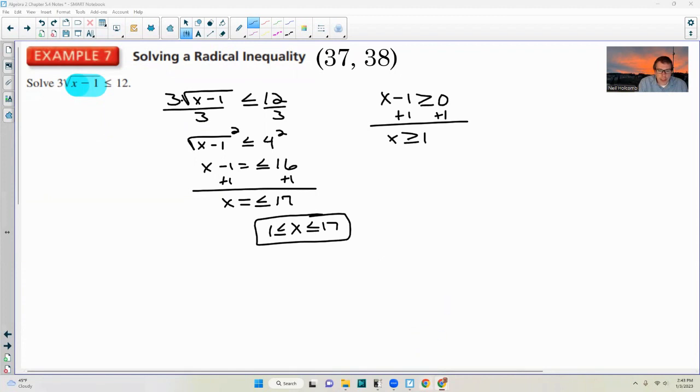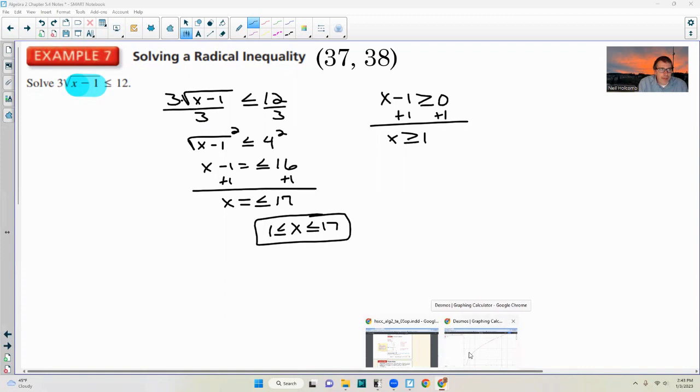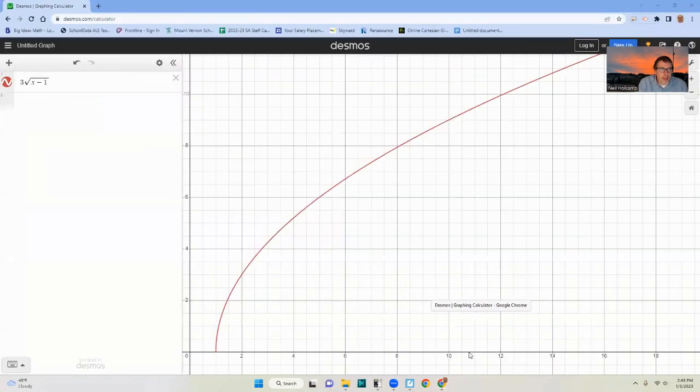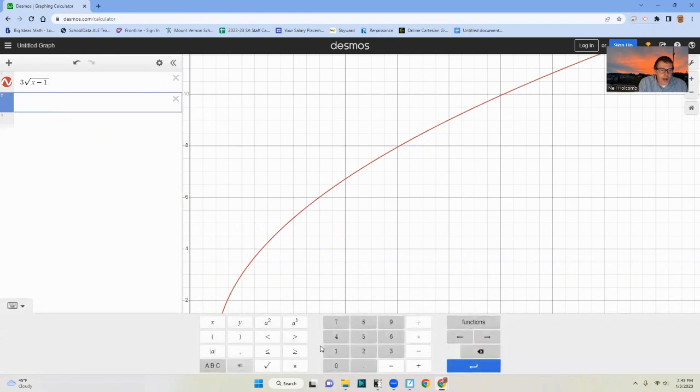Okay, so I opened up Desmos. So I want to graph 3 times the square root of x minus 1 is less than or equal to 12. So 3 times the square root of x minus 1, and I'm going to say y equals 12.